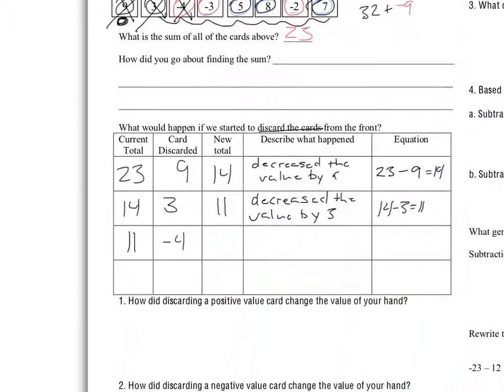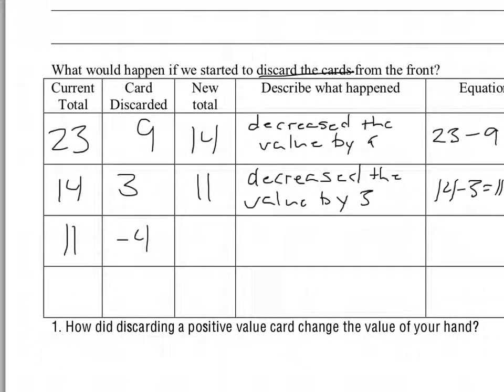And that's going to have something very strange happen to us. When we look over here, our new total here is 15. And it looks like we actually increased the value by 4.